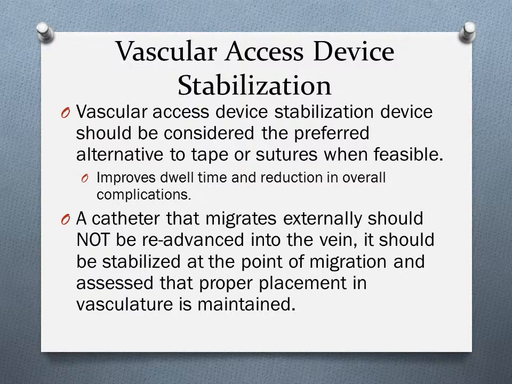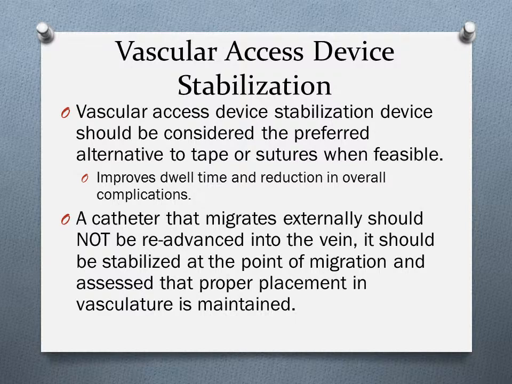Vascular access device stabilization devices can be a transparent semi-permeable membrane. It can be the transparent semi-permeable membrane with a biopatch, or it can be an IV that has an integrated stabilization feature. Might be sutures, and if sutures are used, if they become loose or they're no longer intact, those should be removed.